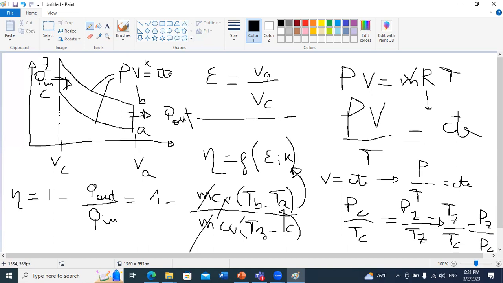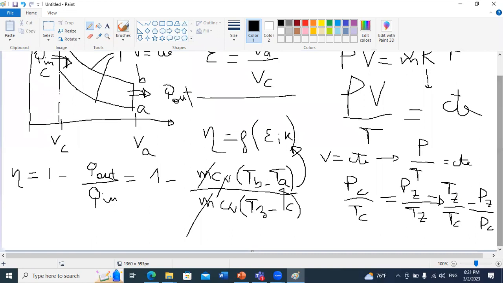Of course I am not done yet, but at least I can find an expression for the ratios of temperature. Because it's easy to find the ratio of temperatures, let me try to simplify my equation a little bit. So here I will try to figure out ratios.